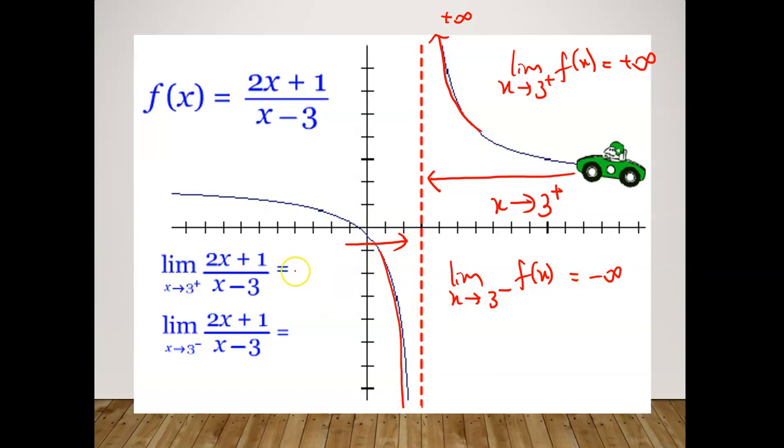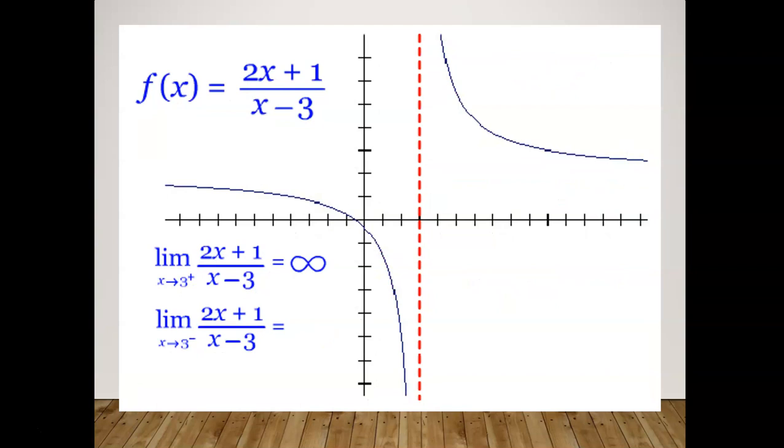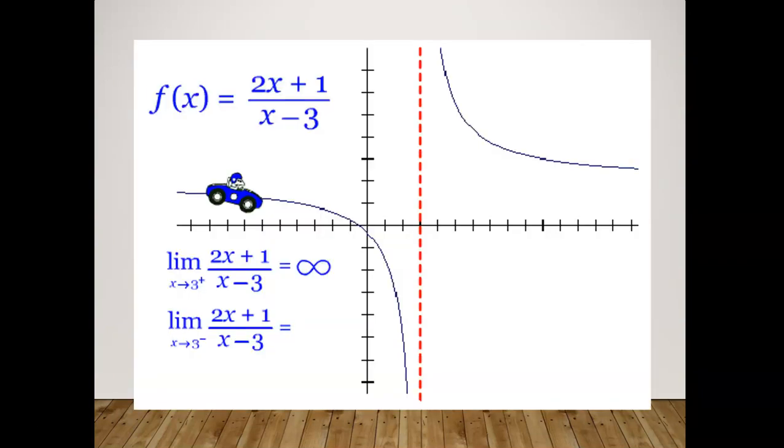So here the answer is approaching positive infinity, this one is negative infinity. So this is what we call an infinite limit. I think that should be clear enough to explain how we get that infinite limit. Positive or negative infinity, it is still infinity, this one also infinity because it is going down.